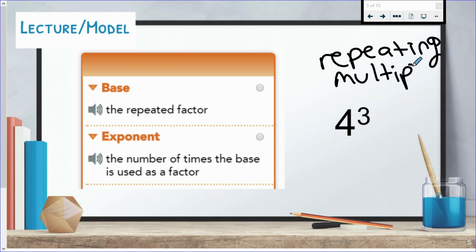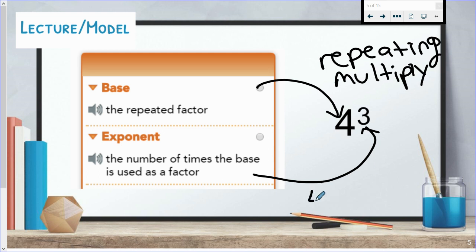So rather than multiplying the same thing over again, we can save some space on our paper and write it as an exponent. The base is the number that we're multiplying, and the exponent is how many times. So 4 to the third power would be 4 times 4 times 4.